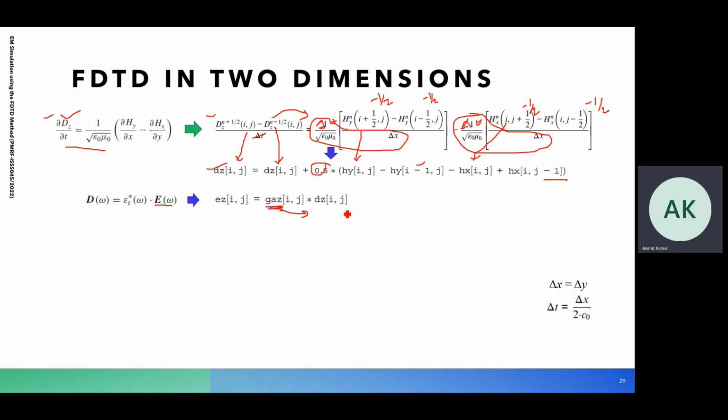It will have all those variables: epsilon r, sigma, tau, chi, and involve sx and ix. So all this will be true for this as well. But right now we will be simulating it for free space. So gaz just becomes 1.